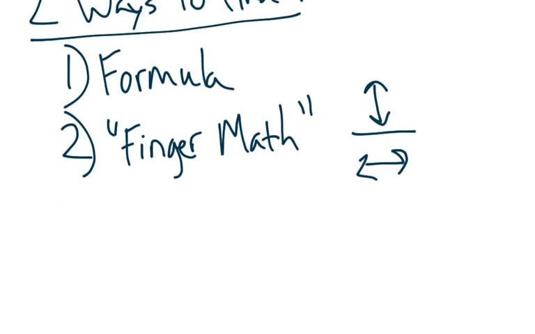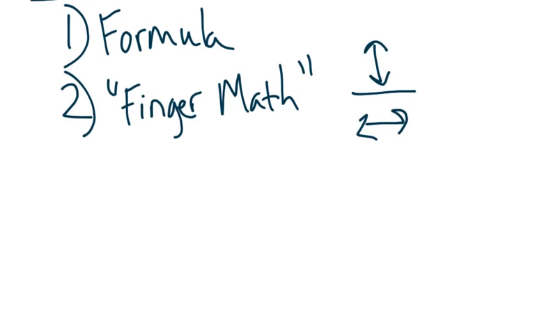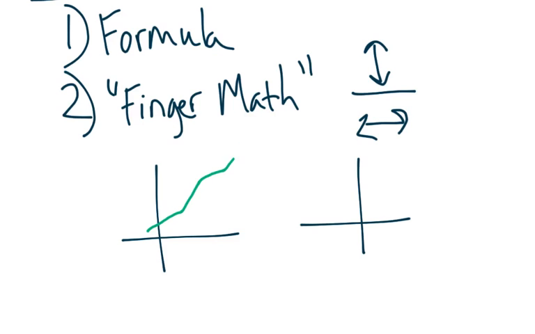But here's what we have to know. Sometimes you might have some funky looking graphs, okay? And so I'm going to draw a couple of them. Let's have one that looks like this. Goes up, goes up, goes up, goes up. Since it's increasing from left to right, your answer will be positive.